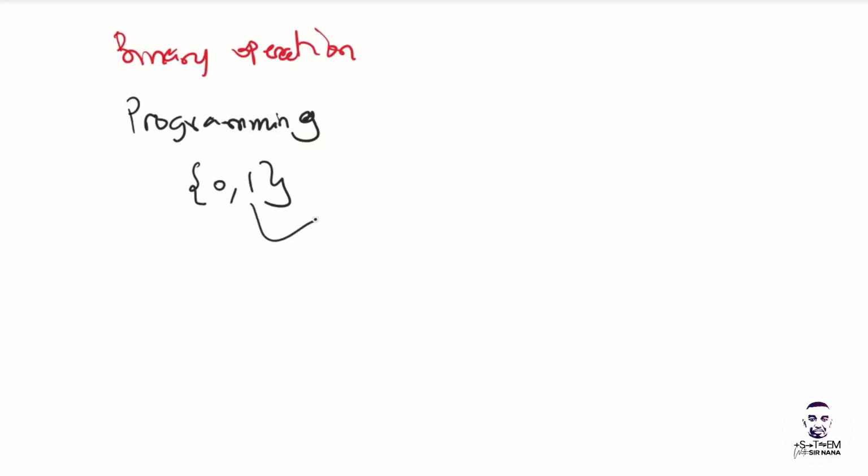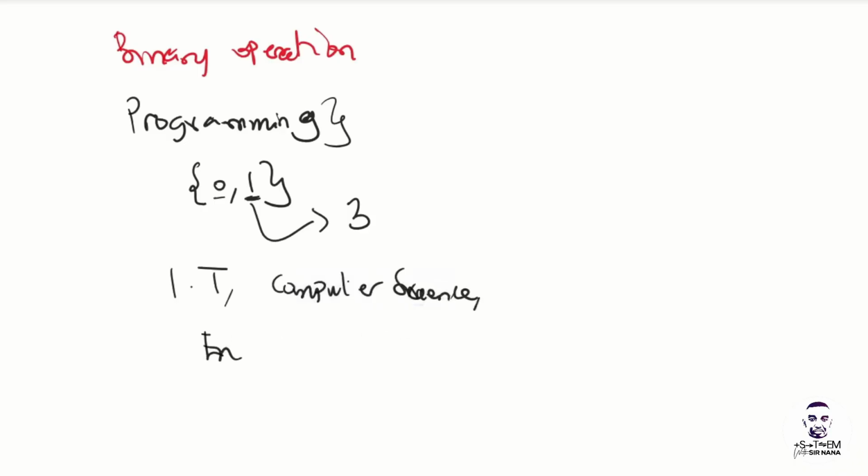So if there is any other thing which moves outside of 0 and 1, let's say a 3, the computer programming language cannot understand it. And so therefore it requires you to have just the variables of zeros and ones to be able to operate. So a good understanding of binary operation will help us when we are looking at things like IT, programming as we mentioned, and we can venture into careers like computer science, as well as engineering.